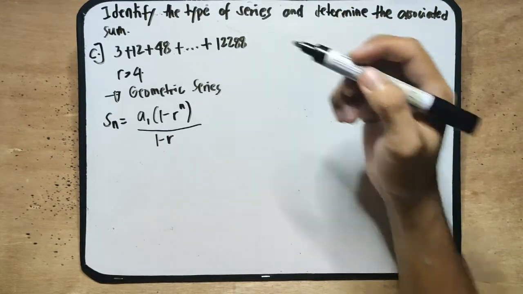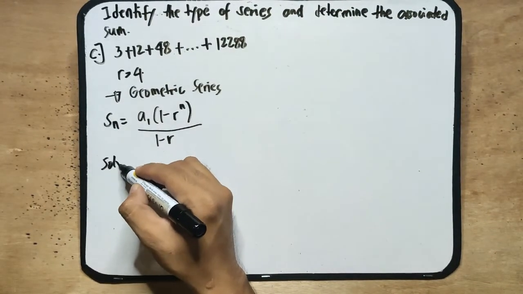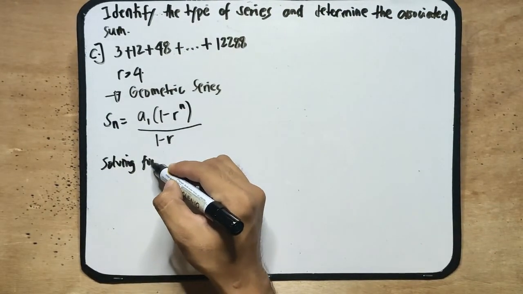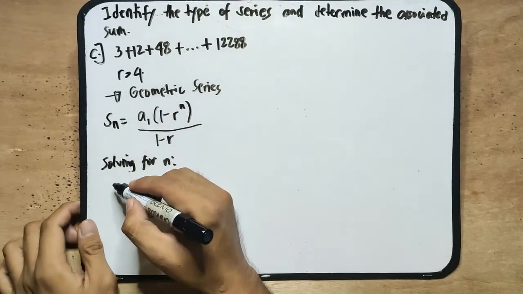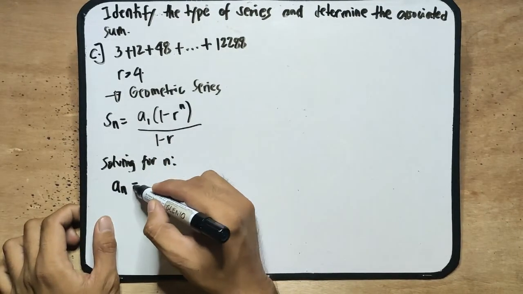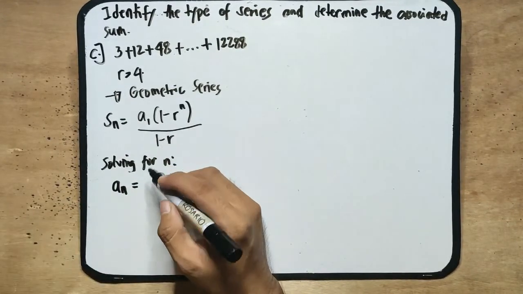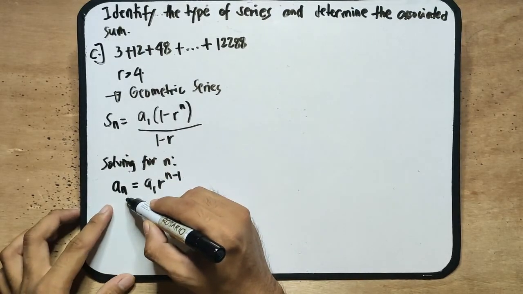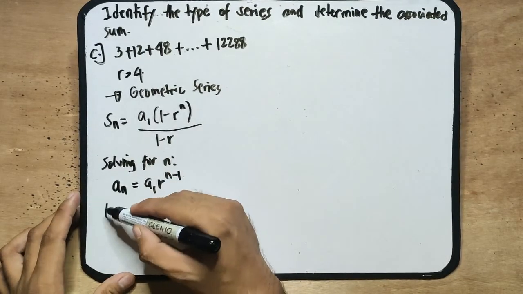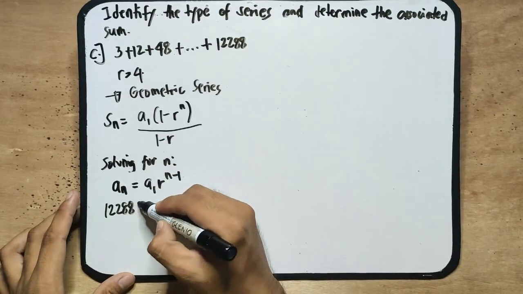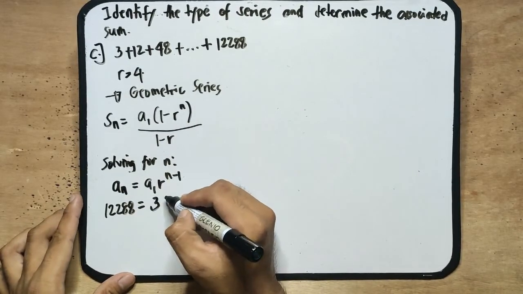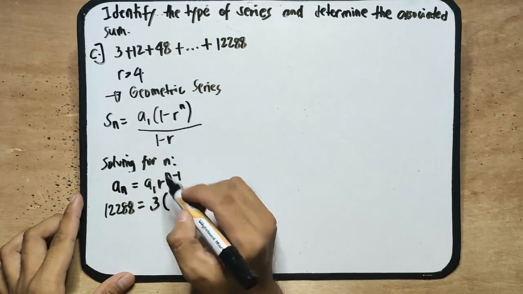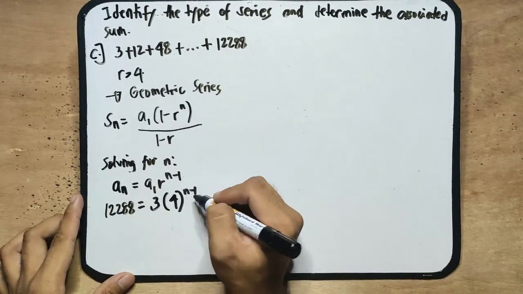So for us to solve for n, we use the formula for a geometric sequence. We have a sub n equals a sub 1 times r raised to n minus 1. A sub n, the last term, is 12,288. The first term is 3. Then the value of r is 4, raised to n minus 1.